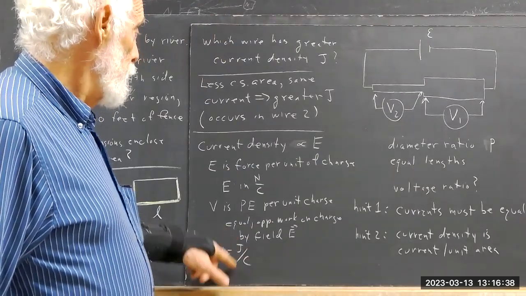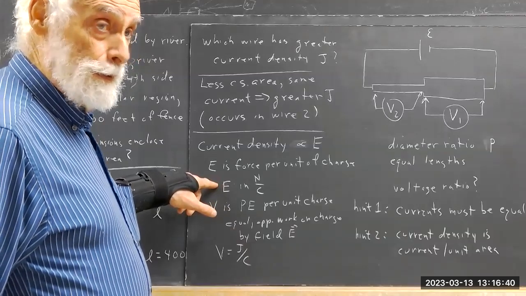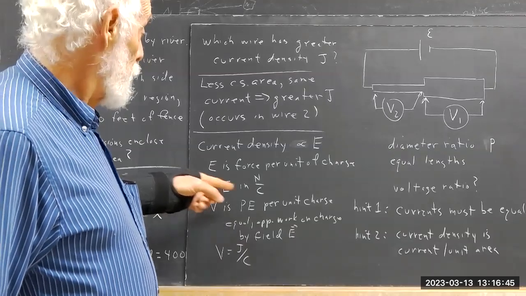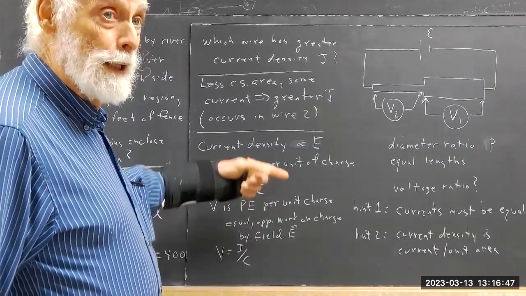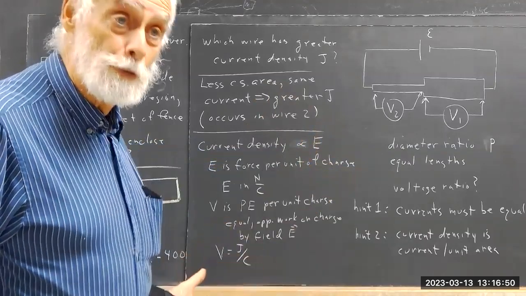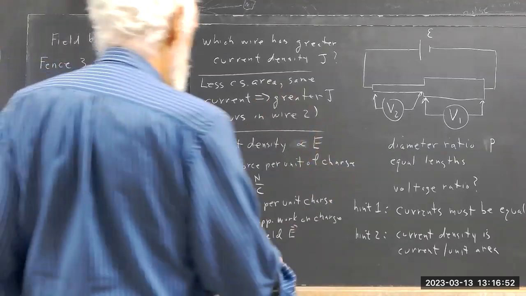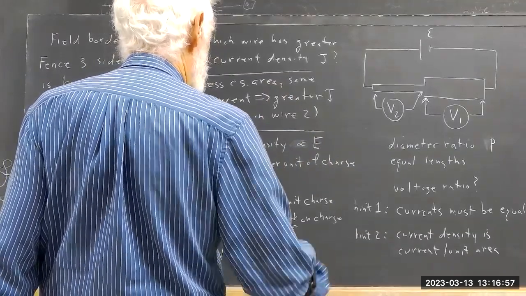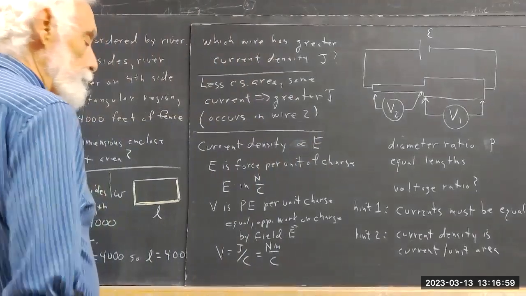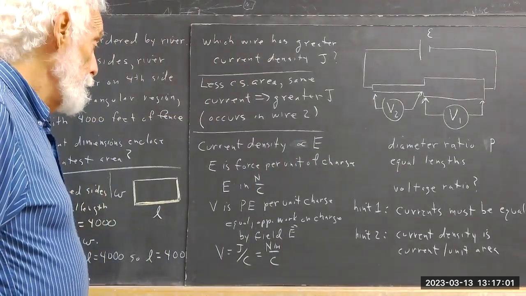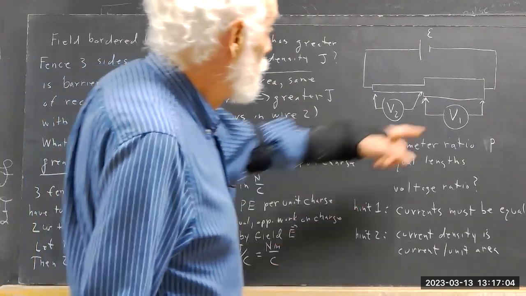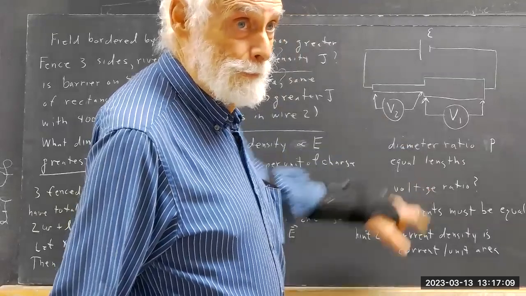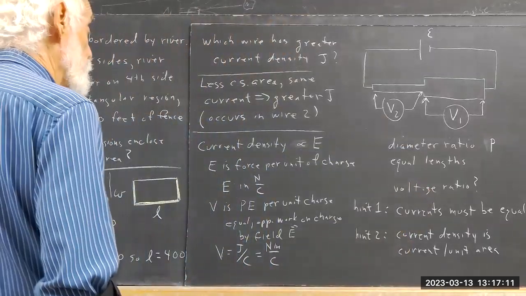How would you relate V to E? Well, if you have a constant electric field, you multiply the newtons per coulomb by the number of meters to get the number of joules per coulomb. The number of meters from here to here is the same as the number of meters from here to here, so they have the same length.